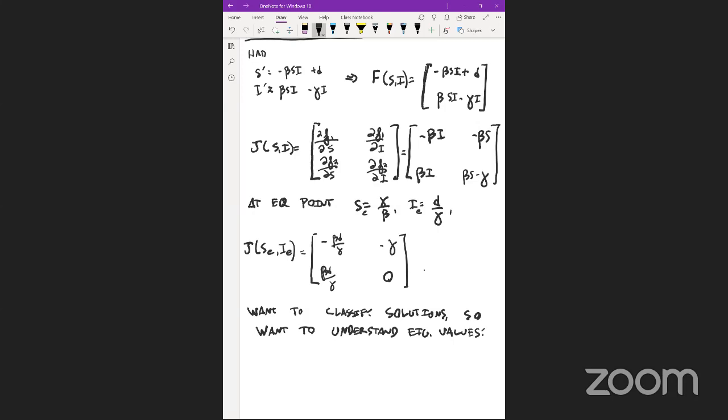We can do this using the trace-determinant plane, or just by deriving the eigenvalues. I'm going to write it out in terms of the eigenvalues. The determinant of J minus lambda I is going to be minus lambda times minus beta D over gamma minus lambda, plus beta D.